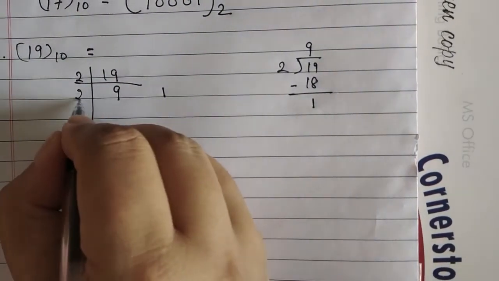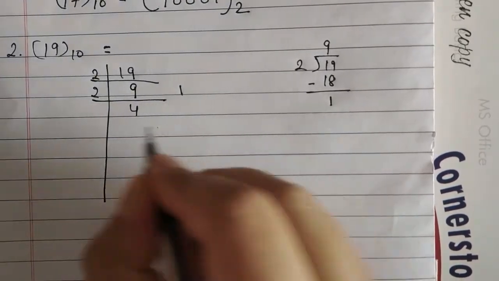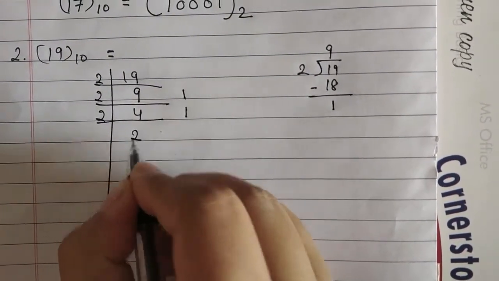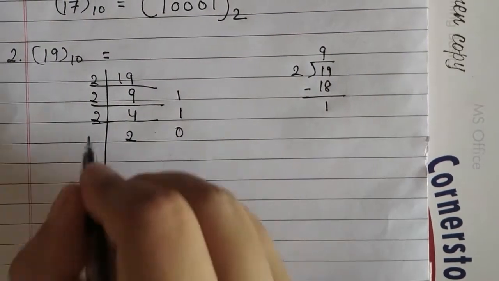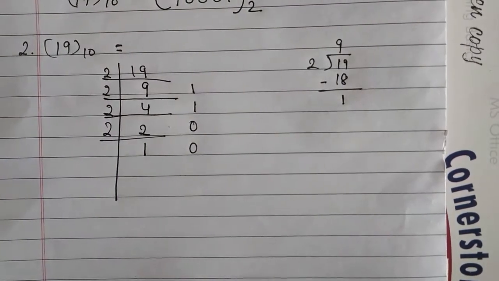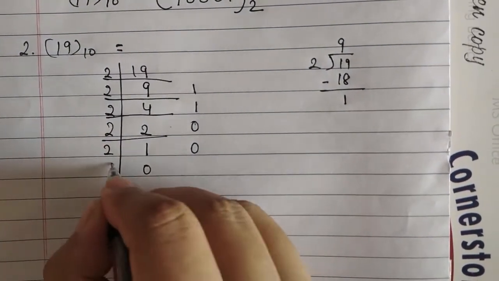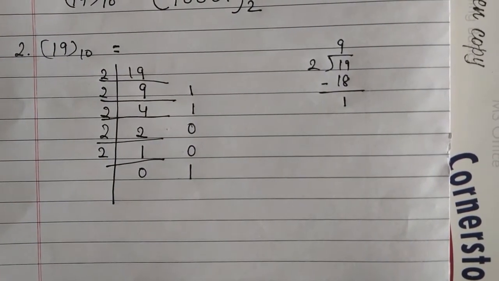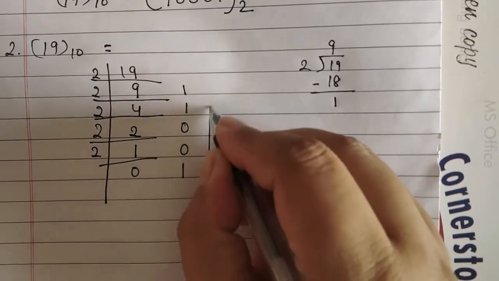Okay. Now 2 4s is 8. You know very well remainder is 1. 2 2s are 4. Remainder is 0. 2 1s are 2. Remainder is 0. And 2 zeros is 0 and remainder is always 1. Okay. Now how you have to write? This way.